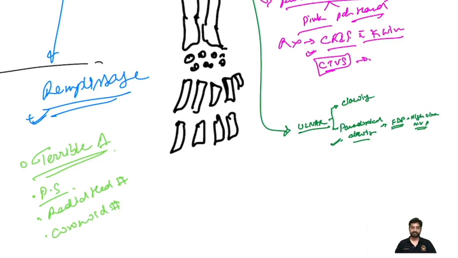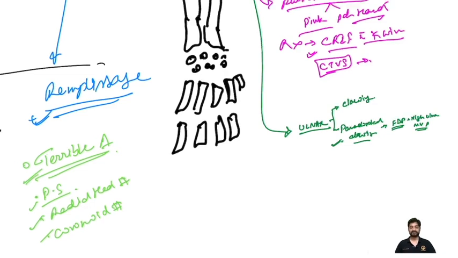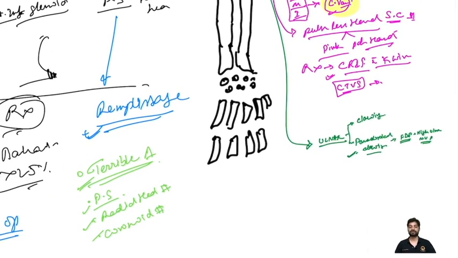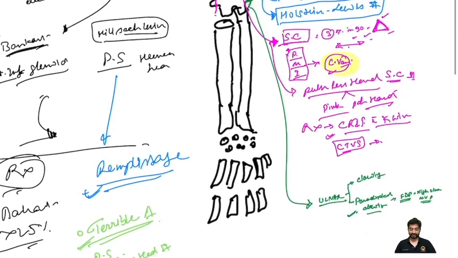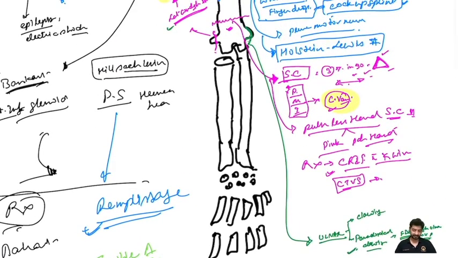If there is a posterior elbow dislocation with radial head fracture and coronoid fracture, this kind of dislocation is unstable. We'll need to fix all of that. So a question may be asked like, in terrible triad, which structures are damaged, or what are the things which you are going to get. Okay, so this is terrible triad.